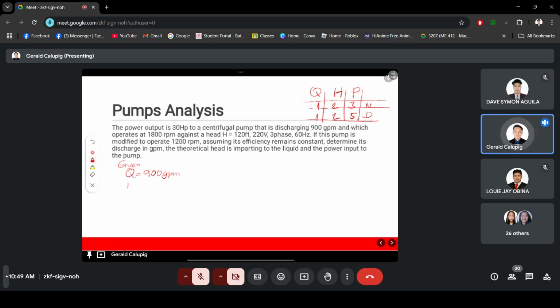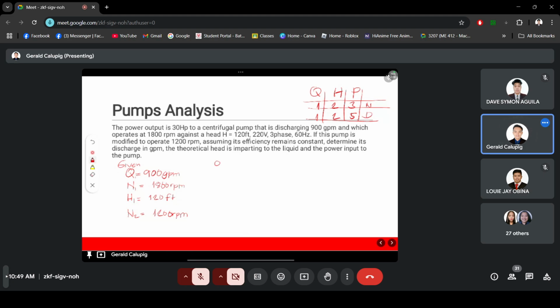And our N1 is 1,800 RPM. Our H1 is 120 feet, right? And the modified pump is operated at a speed of 1,200 RPM. So we are asked to find the modified discharge.